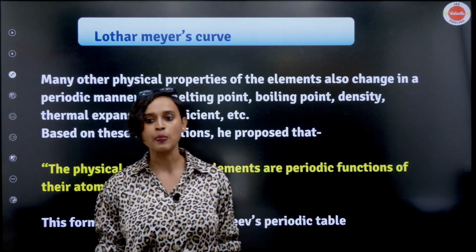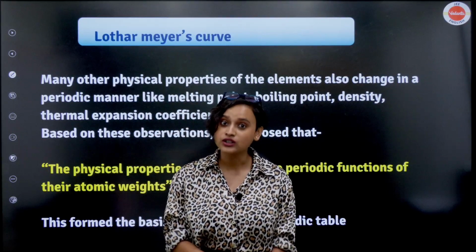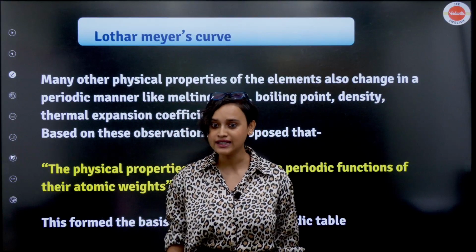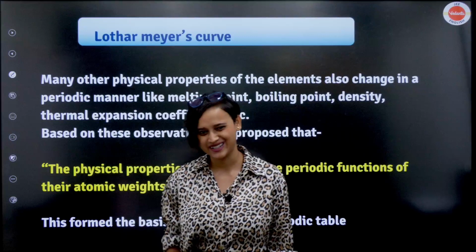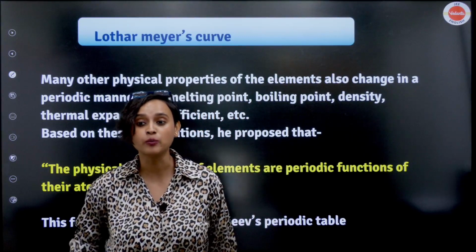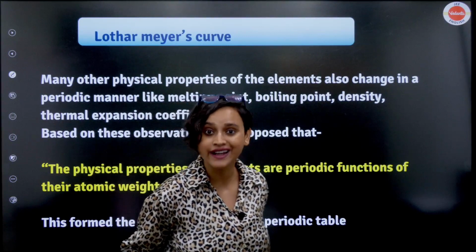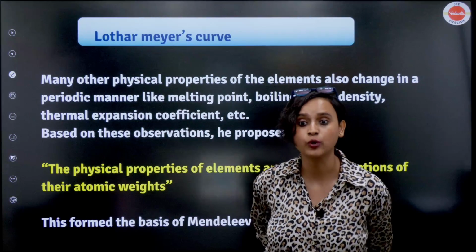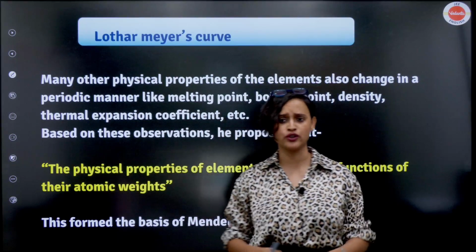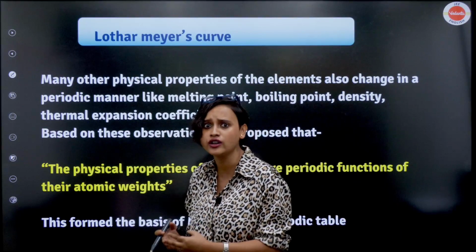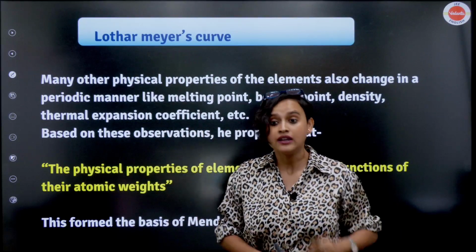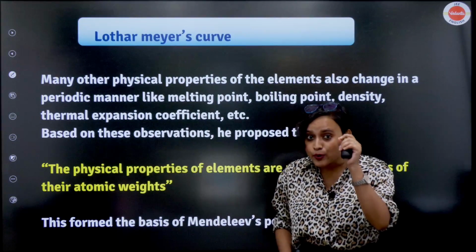Now obviously Lothar Meyer did a great job, but there were many other physical properties of the elements which also change in a periodic manner. He saw that melting point, boiling point, density, thermal expansion coefficient also change periodically.